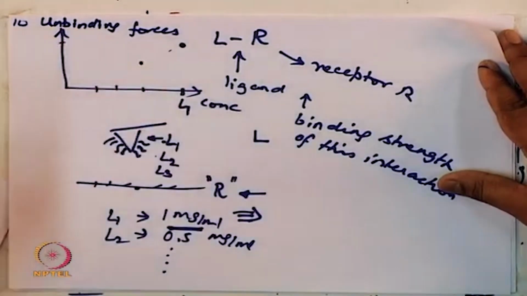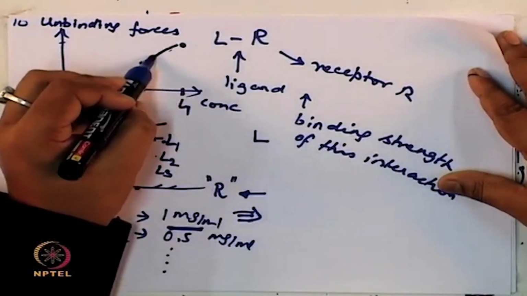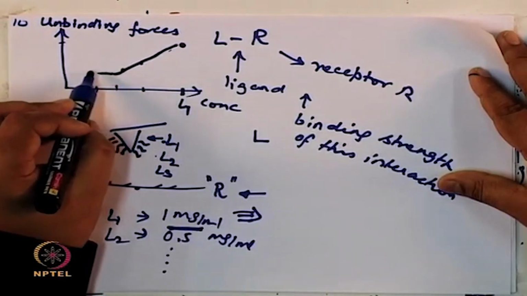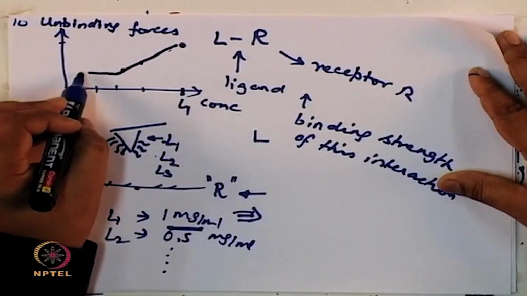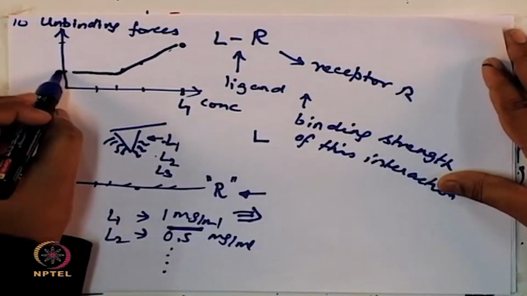So this curve should keep reducing, and then below a certain concentration I begin to see a plateau.